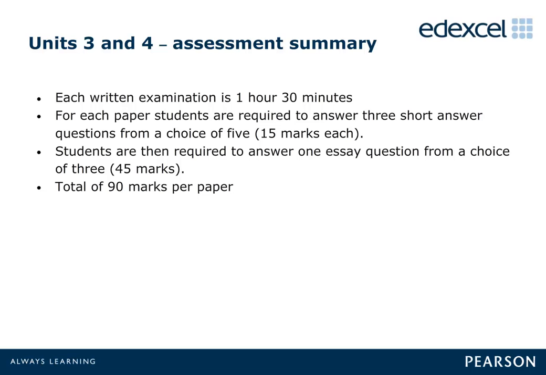Candidates get a choice of 5 short response questions, each worth 15 marks, from which they must choose 3, and a choice of 3 essay questions, each worth 45 marks, from which they must choose 1. You will note that candidates have a total of 8 questions, of which they answer 4, 3 short responses and 1 essay.